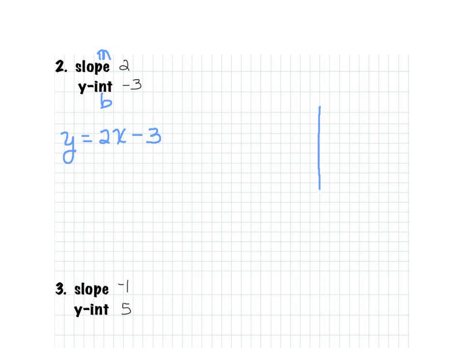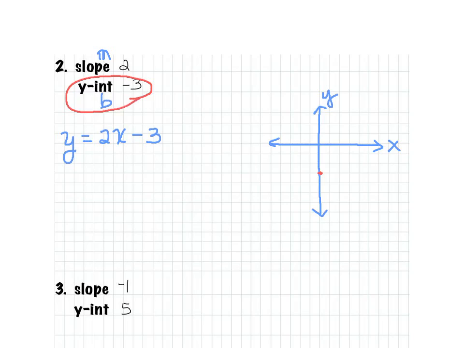So I think I do need to put my x-axis up here somewhere, just to give me enough room to rise and run. Okay. All right, let's start with the y-intercept is at -3. So I need to plot that point there.